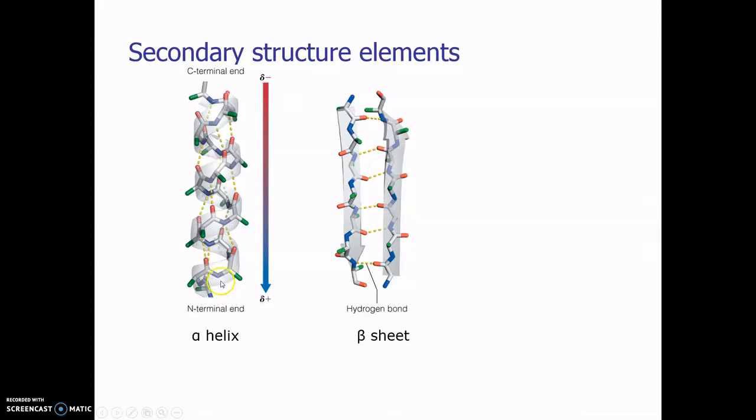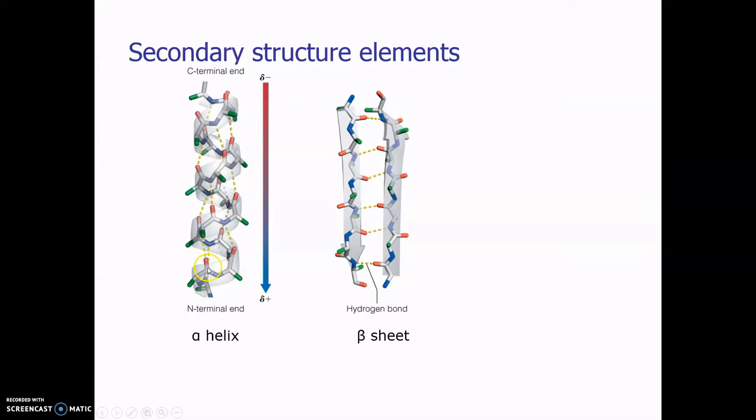So here is an example of an alpha helix, and here is an example of a beta sheet. So here for the alpha helix, this is the N-terminal end, that is the C-terminal end. Notice that there are these green segments sticking out. That is the position where we would find the side chain. So in an alpha helix, all of the side chains are in fact pointed outwards.